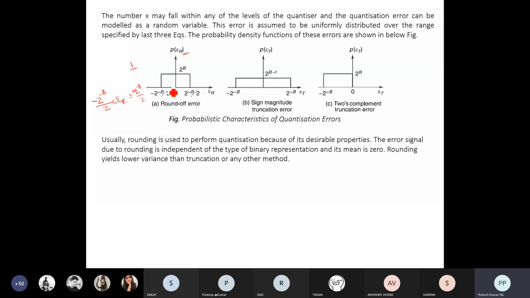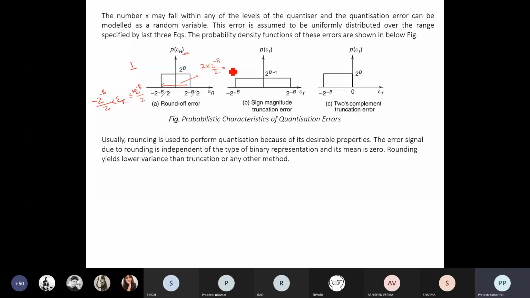If we find the area, this complete width will be equal to 2 times 2 to the power minus b divided by 2, that means 2 to the power minus b.